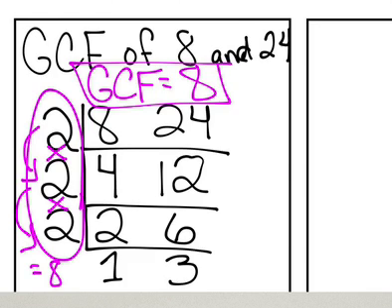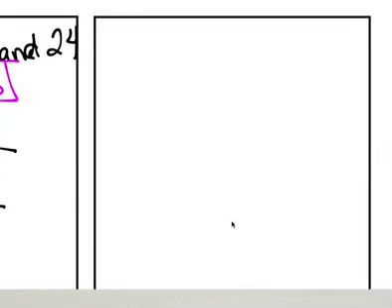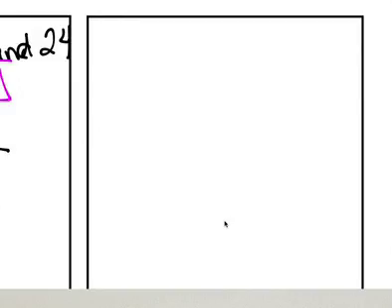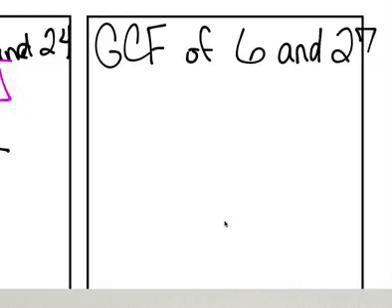Let's try another one together. Let's say you were asked to find the greatest common factor of 6 and 27.